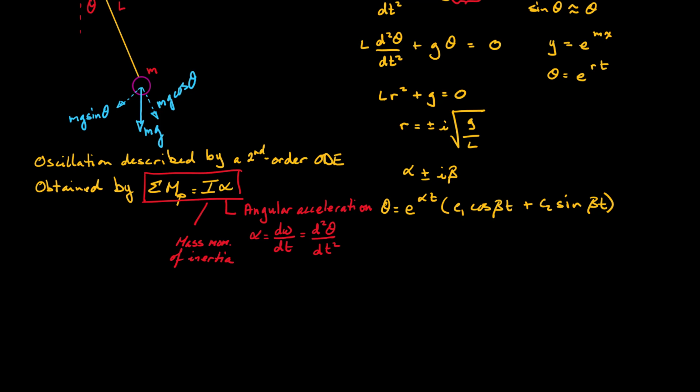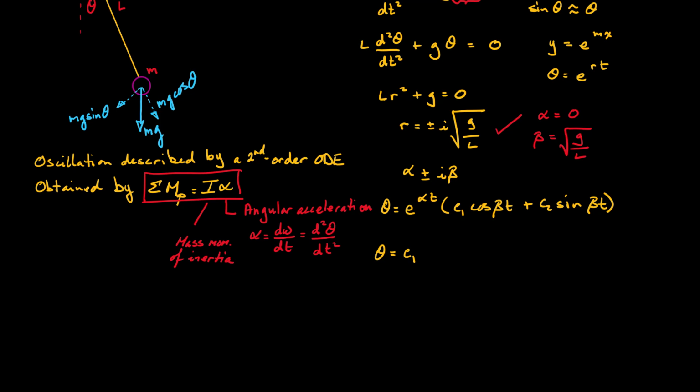Note that for the roots of our equation, we have alpha is equal to 0 and beta is equal to the square root of g over L. This tells us that the general solution for our equation will be e to the power of 0, which is just 1.